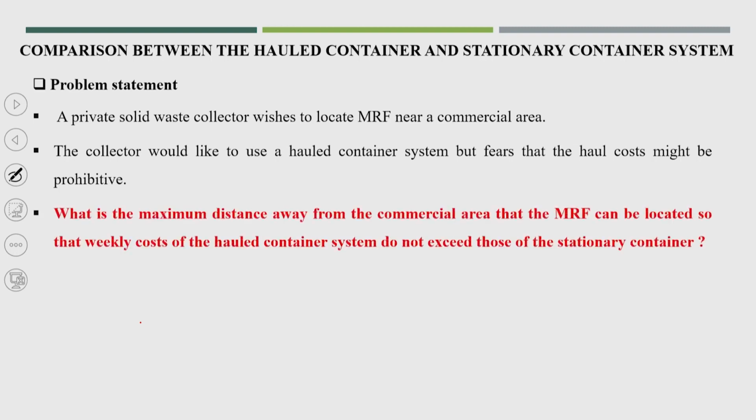So, the question is: what is the maximum distance away from the commercial area that the MRF can be located, so that the weekly cost of the haul container system does not exceed that of the stationary container system? Here we have to finalize the location of the MRF, material recovery facility, in such a way that the weekly cost of the haul container system does not exceed the stationary container system.